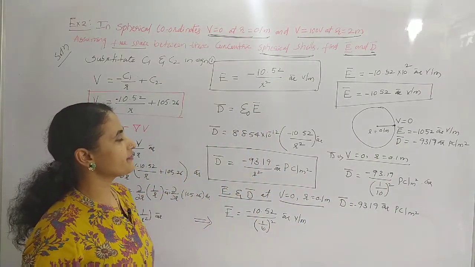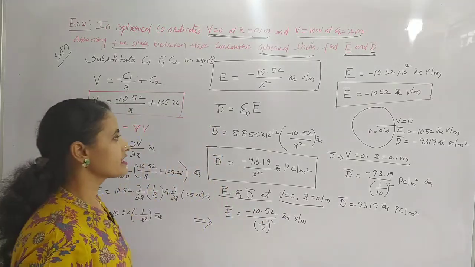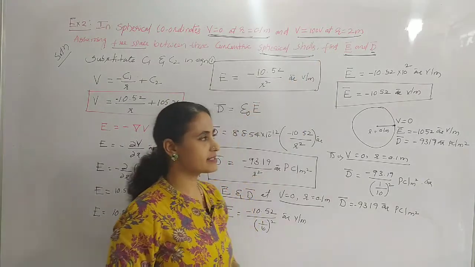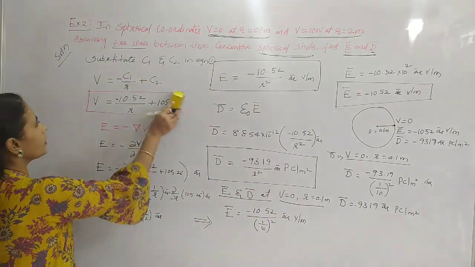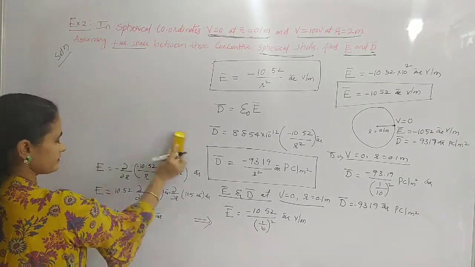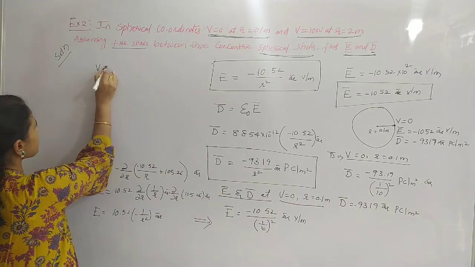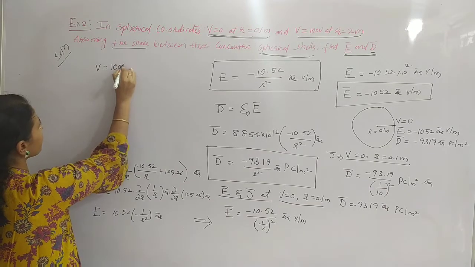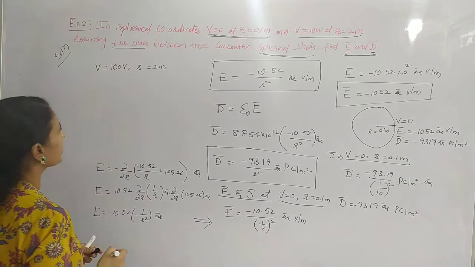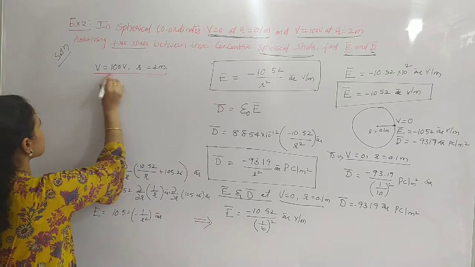Now let us find the electric field and flux density on the second spherical shell, where the voltage and radius are different. In the second condition, the voltage is 100 volts and the radius is 2 meters, and we have to find the electric field and electric flux density.